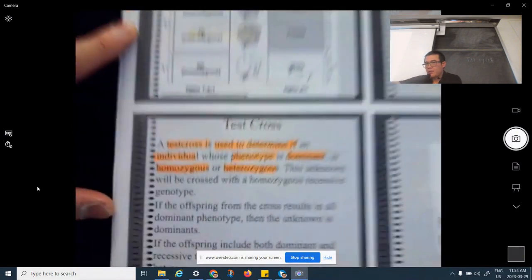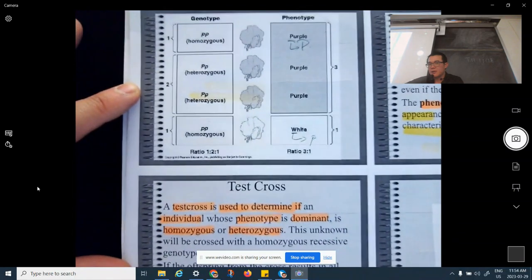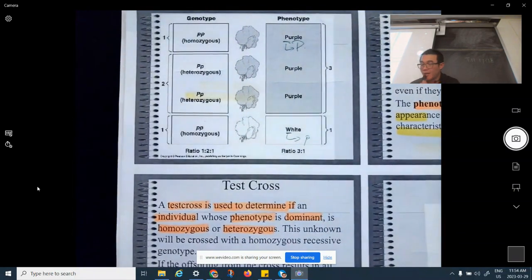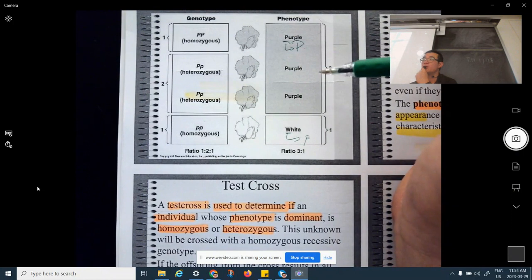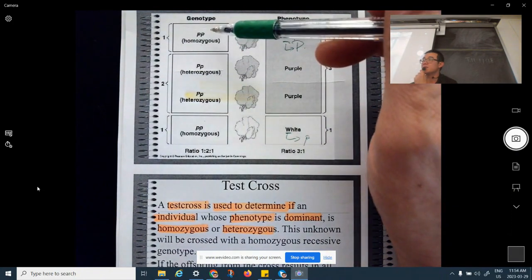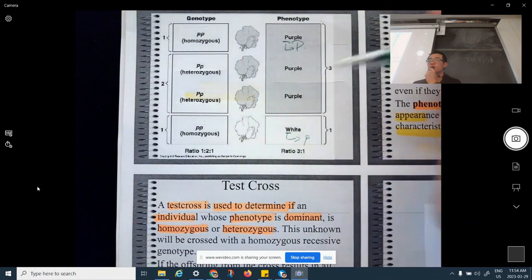So coming back to the pea plants, the flower colors right here. Let's just say you have a purple flower plant. You don't know whether it's two big P's or a big P and a small p. What you do is test crossing.